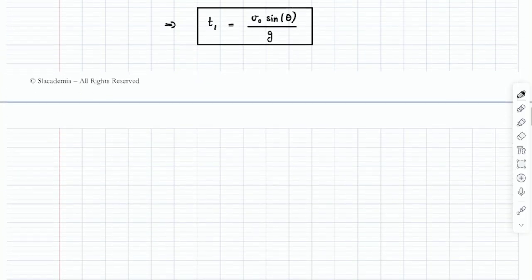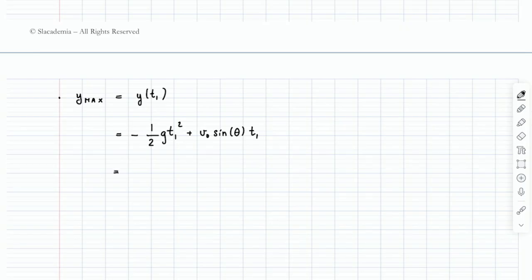I know position, I know velocity, and so on. So first of all, we're going to say that y max is going to be y at time t1. All right, now by definition, this is minus 1/2 of g t1 squared plus v naught sine theta t1.